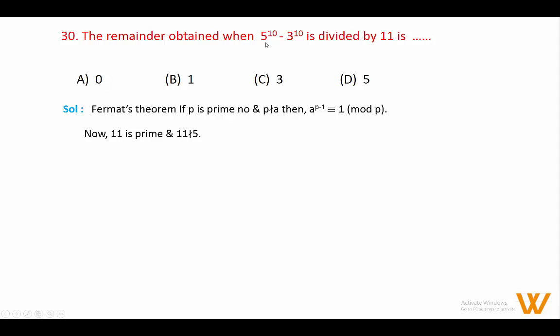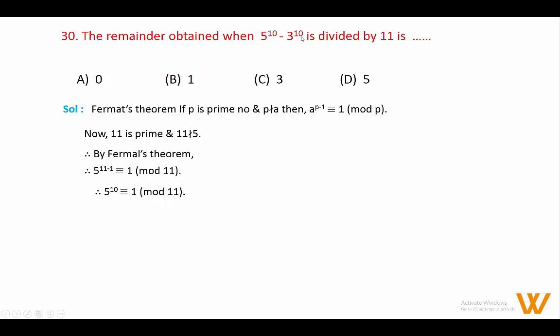For 5 raised to 10, 11 is a prime number and 11 does not divide 5. So by Fermat theorem, 5 raised to 11 minus 1 is congruent to 1 mod 11. So 5 raised to 10 is congruent to 1 mod 11.